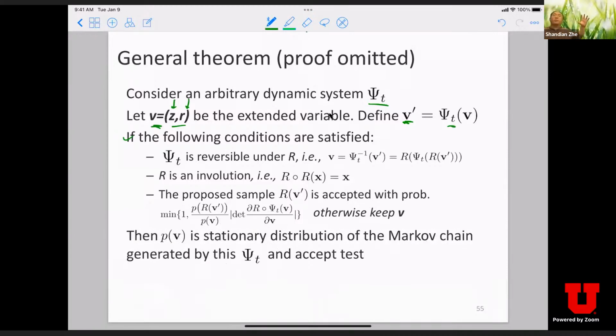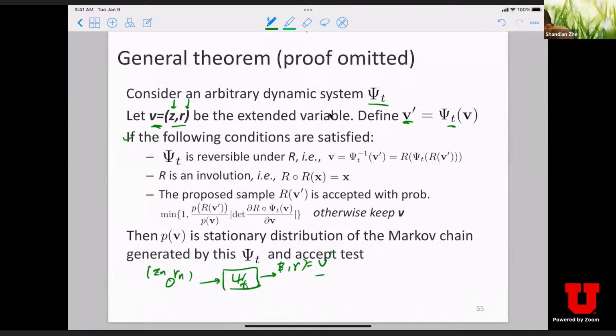Again, this is in the whole framework. This is essentially talking about if I use a dynamic system to construct a Markov chain. Every time I first randomly sample r, denoted r_n, and pair it with my current sample of z, which is z_n. Then I run my dynamic system psi and evolve it for a certain amount of time t. I get my new proposal z and r, which we call v prime.